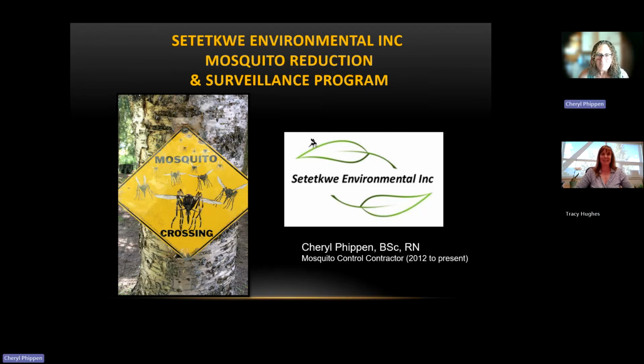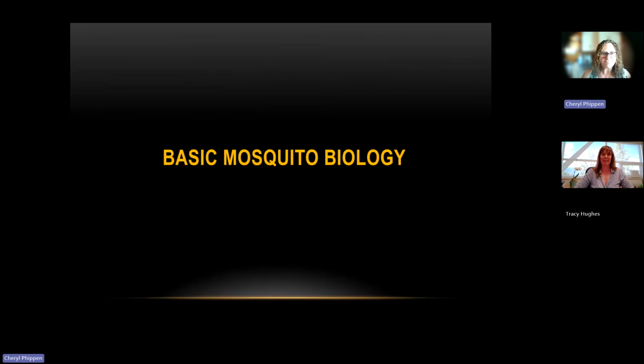Great. All right, well, I'm Cheryl Phippen. I'm a mosquito biologist for Saketwa Environmental, and I've been the mosquito control contractor for the Columbia-Shuswap Regional District since 2012, working on both the Lee Creek, Scotch Creek program and the Revelstoke program.